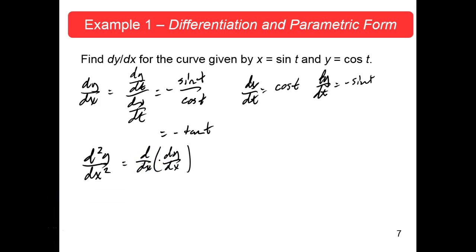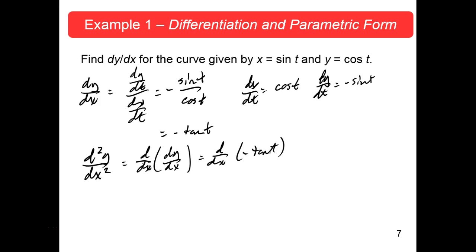Okay, that's exactly what d2y/dx squared is. It's d by dx of this, right? But we already know what this is. That's minus tangent t, right? So this would be d by dx of minus tangent t.